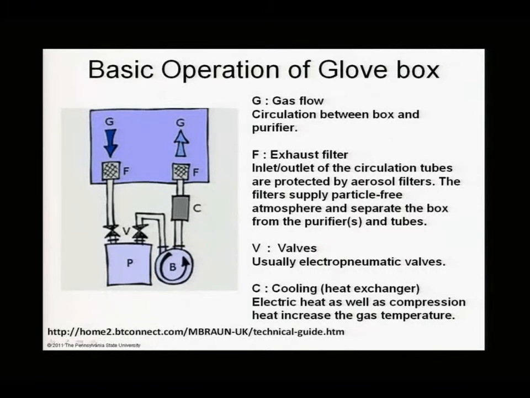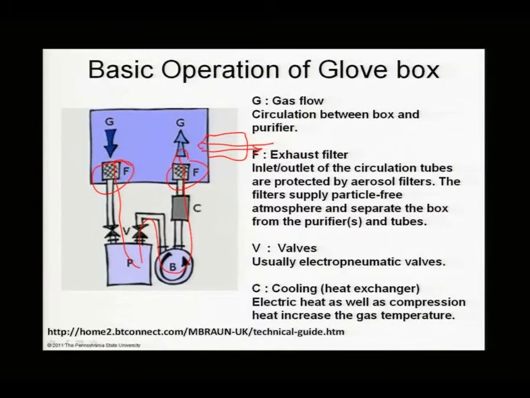So basic operation is that this is sealed from the rest of the world, and you have the gas flow. The gas comes in, goes through the purifier, goes back into the environment. Remember the antechamber is here, and samples are passed back and forth through the antechamber. And you have all kinds of filtering going on here, filtering here, filtering here.